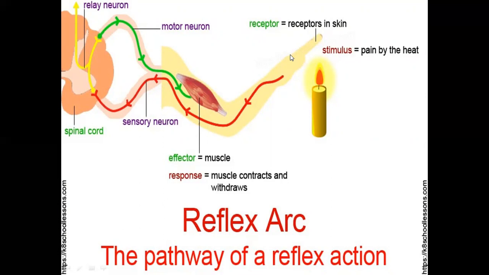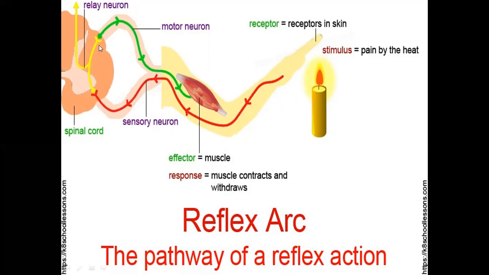This is the receptor. Now, what happens? A nerve impulse is generated here, and it is carried by sensory neurons to the interneuron. You can see this is the interneuron of the spinal cord.